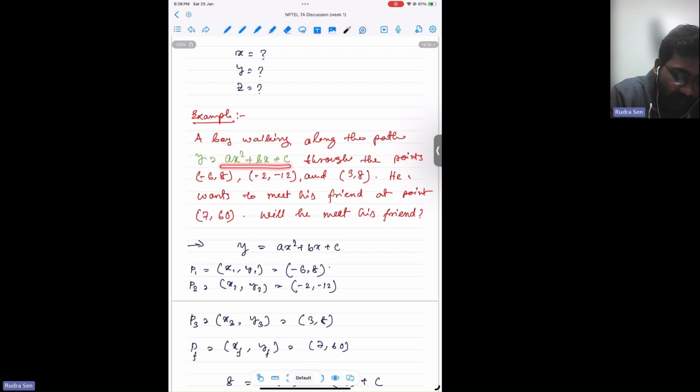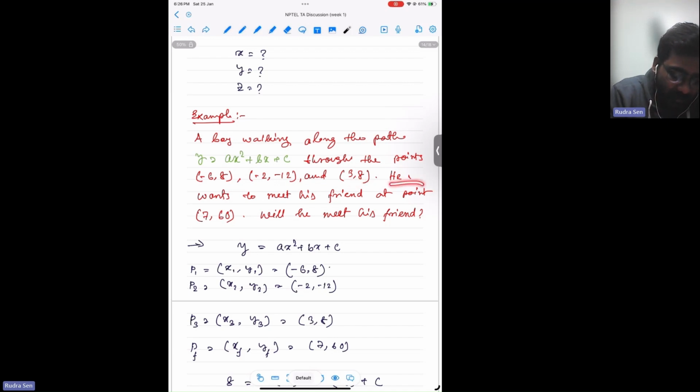So the path passes through these points. The boy has chosen this weird type of path, which is basically a quadratic polynomial path, and it passes through these 3 points: minus 6, 8; minus 2, minus 12; and 3, 8.